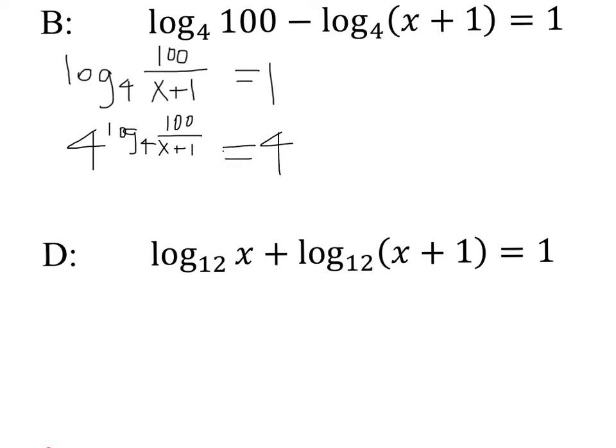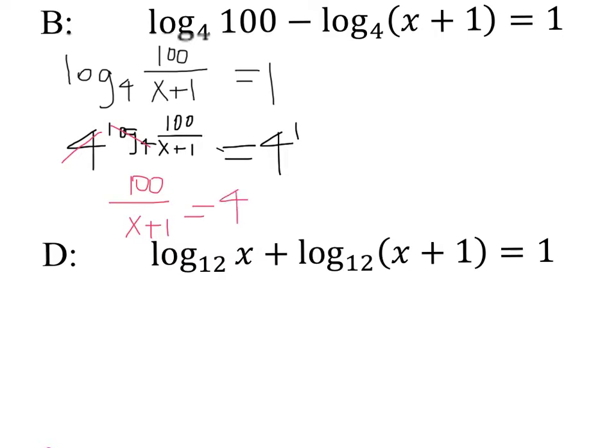So this will be 4 to the first. Since this is a 4 here, and this is a 4 here, these cancel out. So on the left side, we are left with 100 over x plus 1, and that equals 4 to the first, which is just 4.